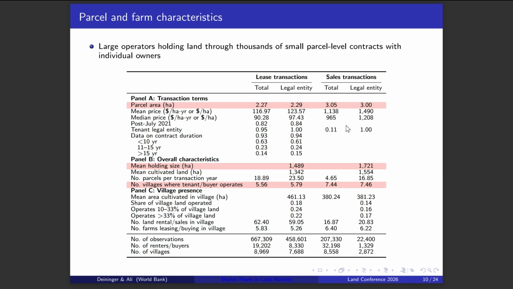Parcel sizes are very small, about 2.27 hectares for lease transactions and about 3 hectares for sales transactions. But the average holding size for legal entities is about 1,500 hectares, and they operate in up to 6 village councils. That is what we are trying to exploit in our analysis.